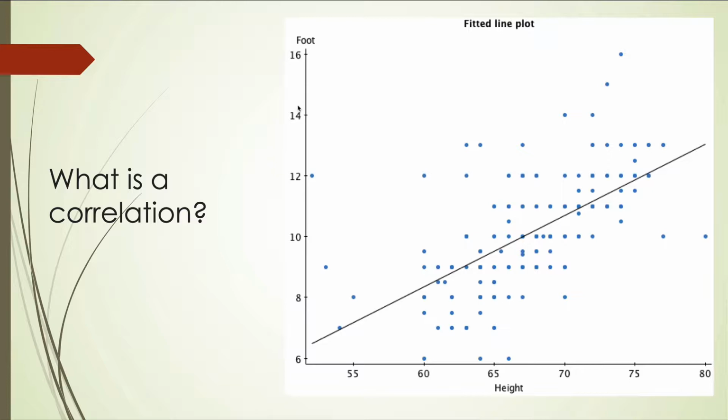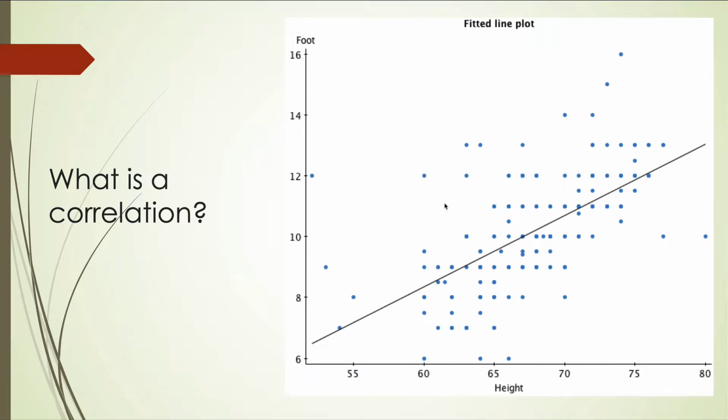So what this graph is showing us is each individual person based upon their height and their foot size. So this is a person here. Their foot is 9 inches long, and they're probably 53 inches tall, and so on. And so each one of these dots represents a person.